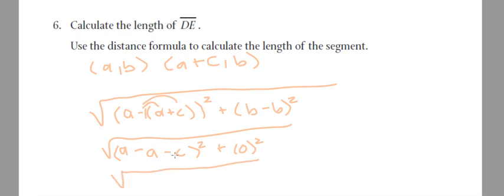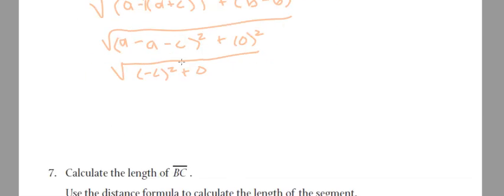So that is the square root of, well, a minus a is 0, so this would be negative c squared plus 0. So right now, this is the square root of, well, negative c squared is just c squared. And we know that the square root of c squared is equal to c.